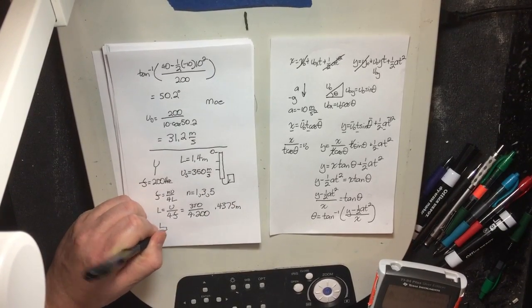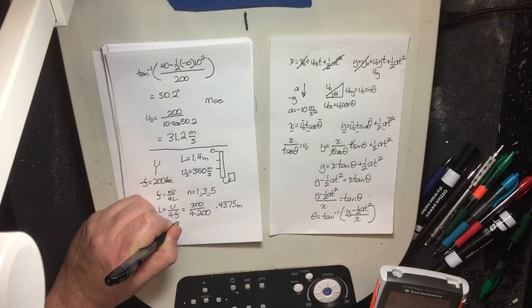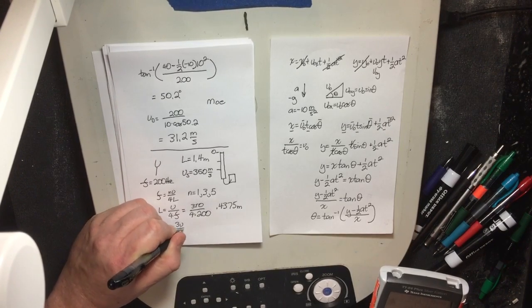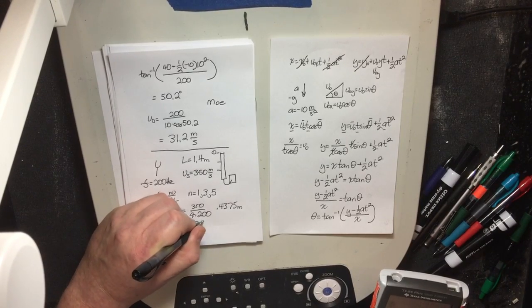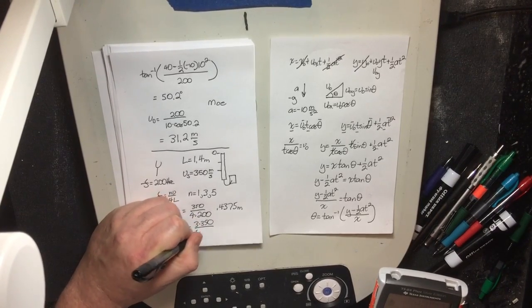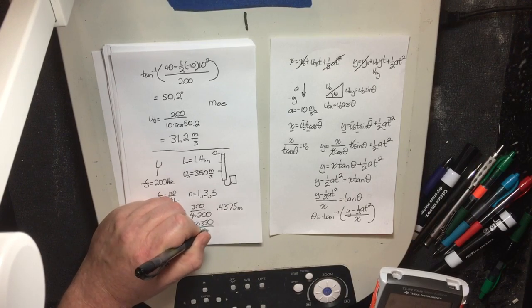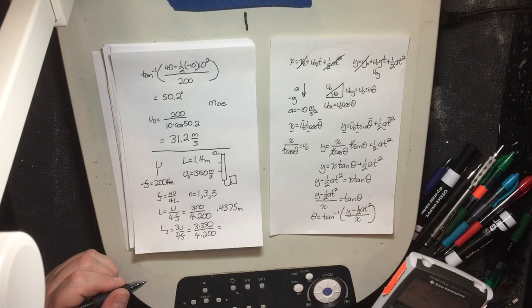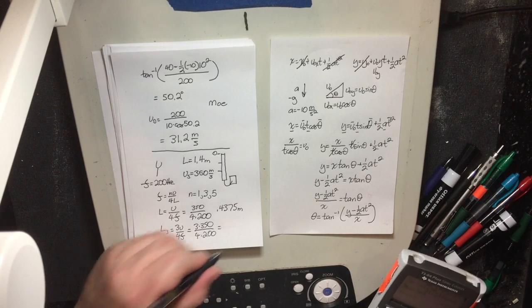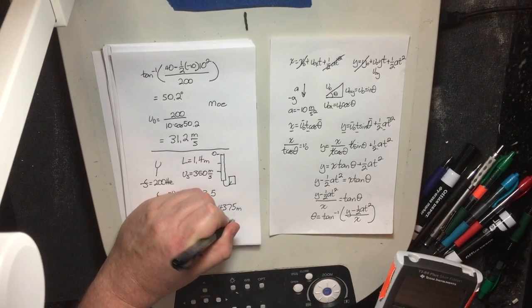Now for the third resonance, it's 3v over 4f, 3 times 350 over 4 times 200, which is 1.3125.